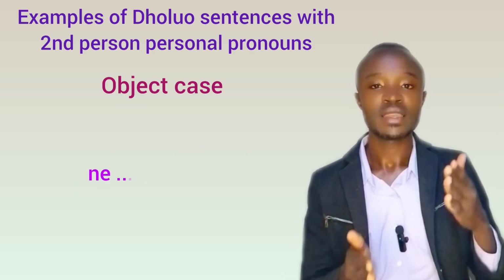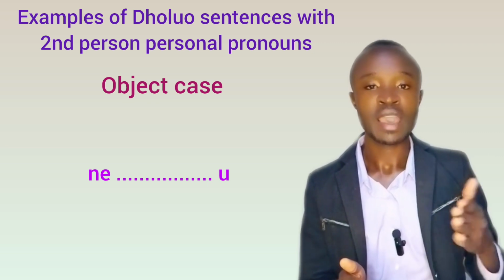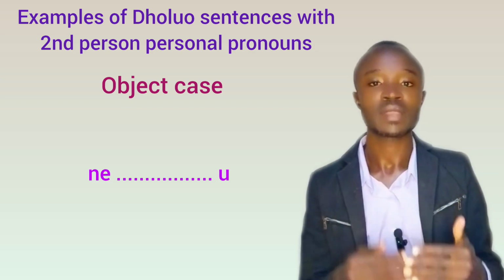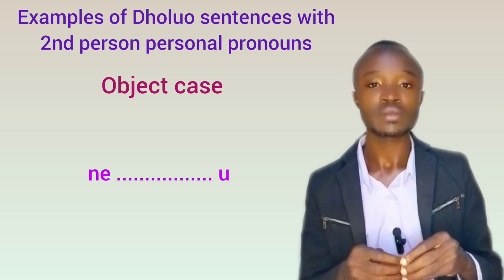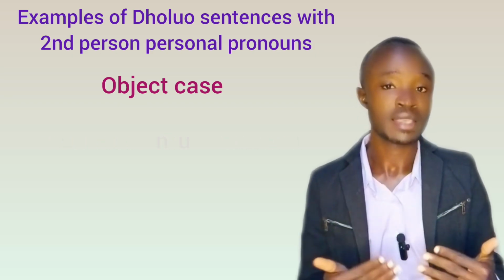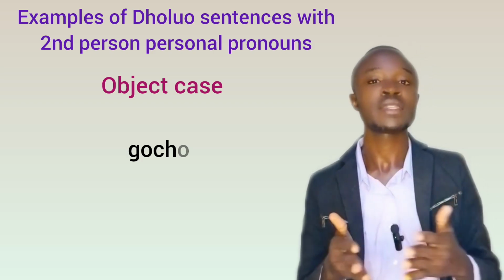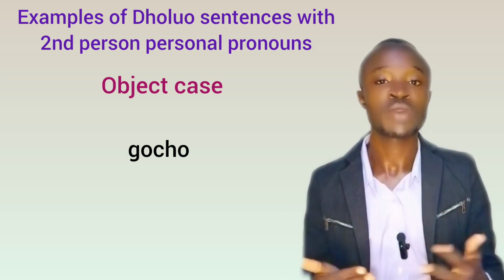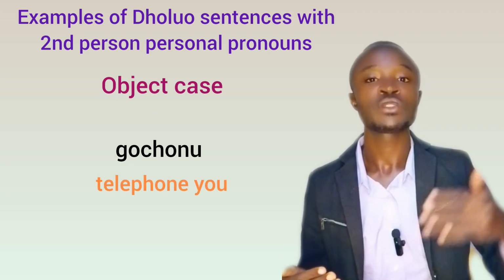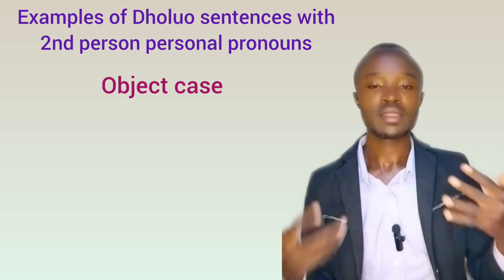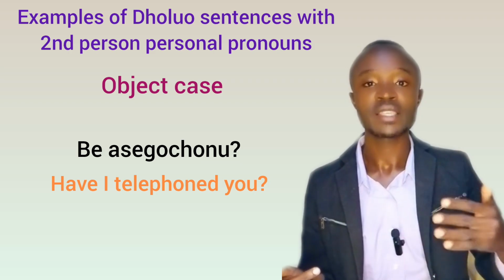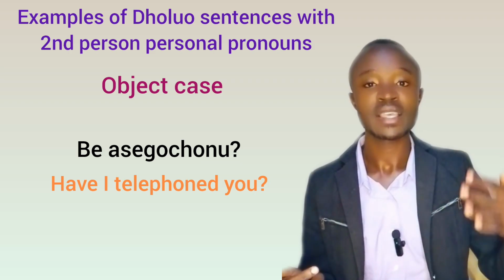The two words neu, where we have u as the object second person personal pronoun, and ne meaning two, joined together to form one word, which is then used as a suffix to the word gocho, and therefore giving us one word, which is gochonu. And this means telephoned you? So the speaker here is asking, have I telephoned you? Be ase gochonu. Have I telephoned you?